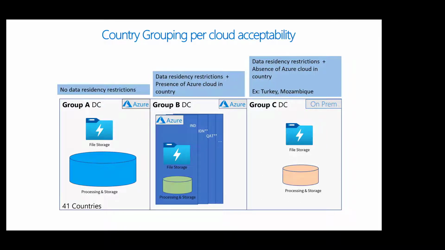What that means is that first we sat down with the customer and understood how many of their countries really have data residency restrictions, and out of 50, 41 countries do not have restrictions. So we did this country grouping per their cloud acceptability.